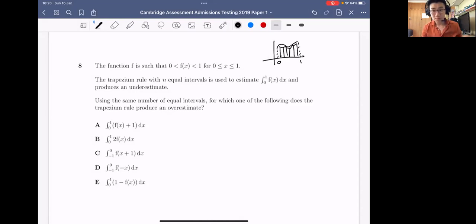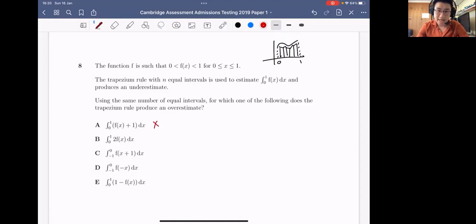Okay, so A is definitely not the answer, because if you add 1 to it, then this would just go up by 1, so that the trapeziums at the start still remains an underestimate. So let me put a cross beside that.